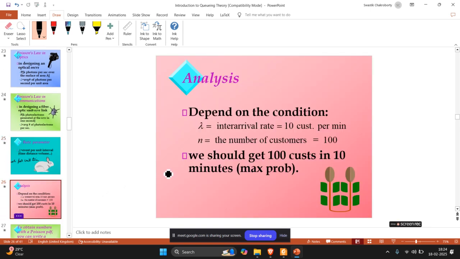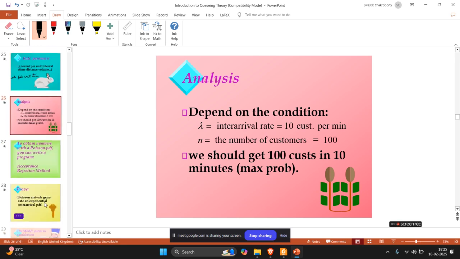So if the arrival rate is 10 customers per minute and the number of customers is 100, how many minutes will it take? 10 minutes for all the customers to arrive. So like that.